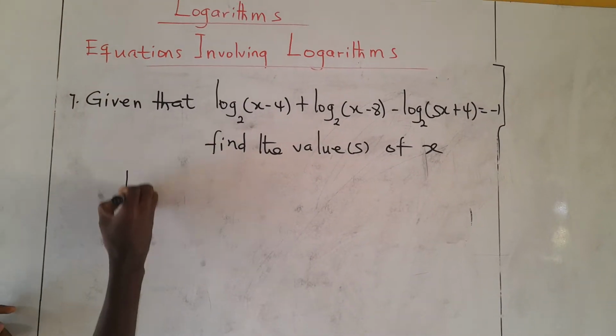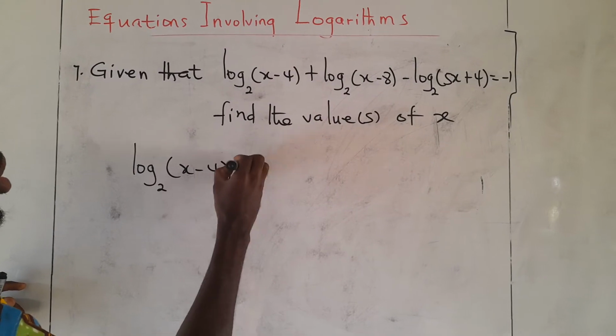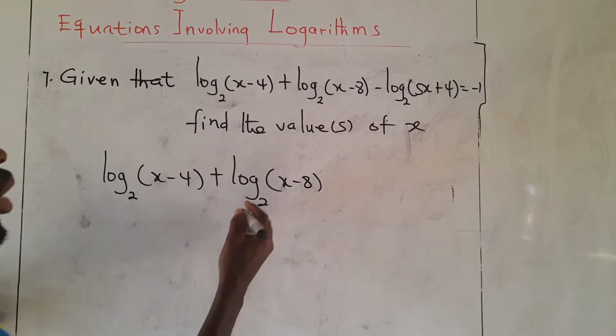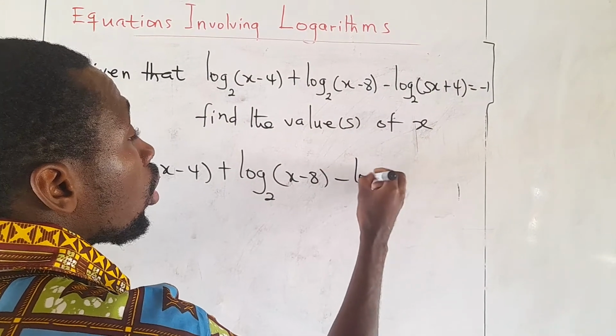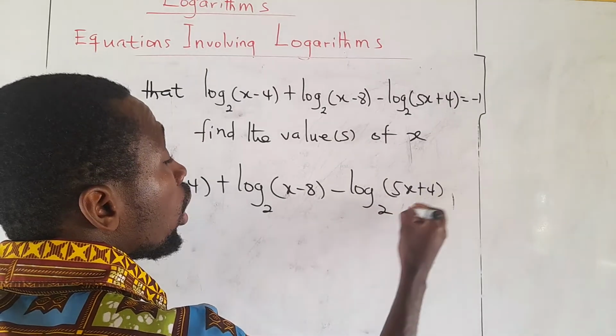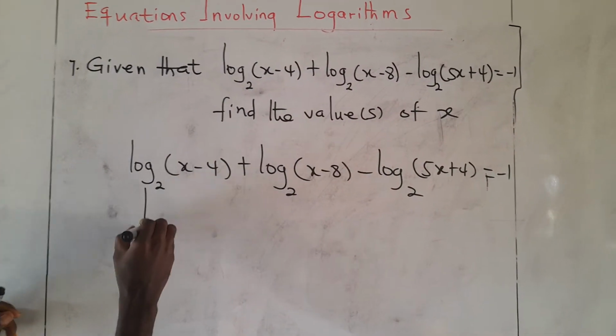Then we can say that if we have log (x minus 4) plus log (x minus 8) all in base 2 minus log (5x plus 4) base 2 and it's equal to negative 1. Since these are adding, we can let them multiply.